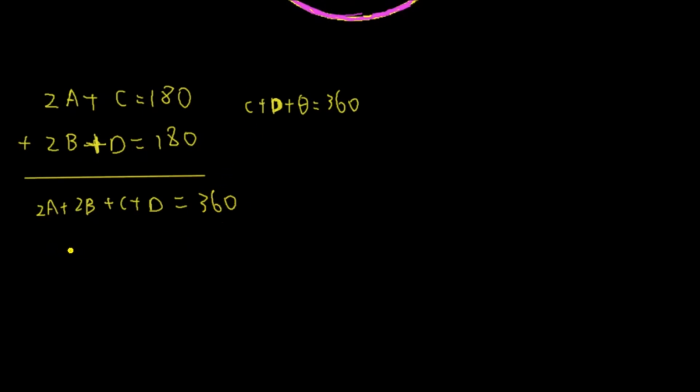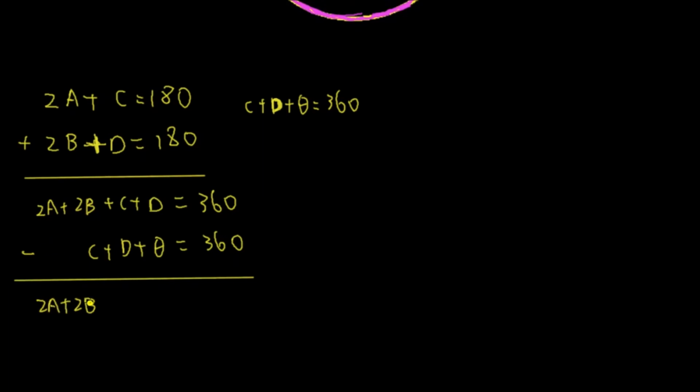Let me subtract this equation, C plus D plus theta is equal to 360. It's 2A plus 2B minus 0 here is 2A plus 2B. C plus D minus C plus D is 0. 0 minus theta is minus theta. On this side, 360 minus 360 is 0.